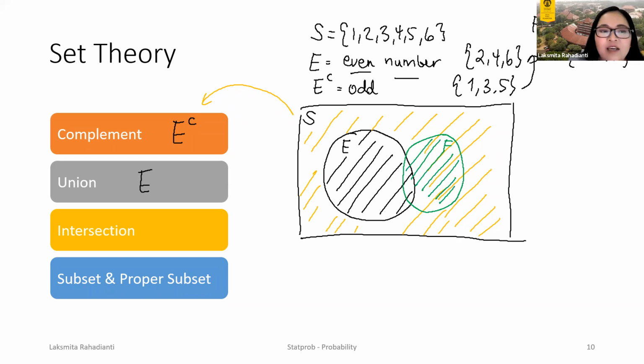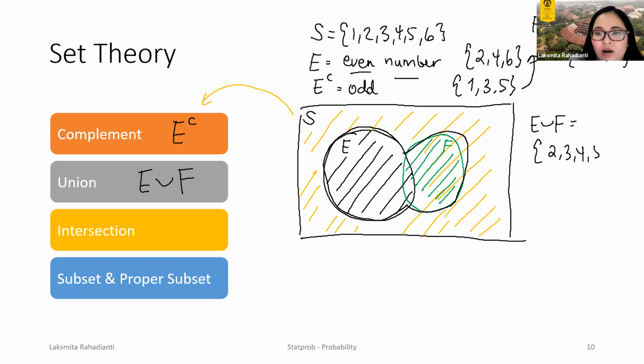So when I say a union of E and F, thus here, up into here, like that. And if I were to write it mathematically, it would be E union F: 2, 3, 4, 5, 6.